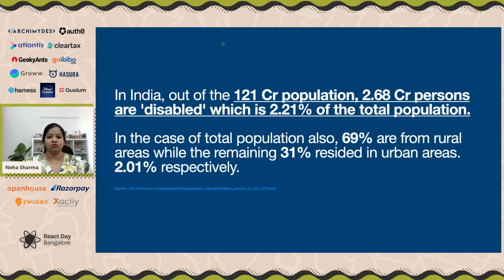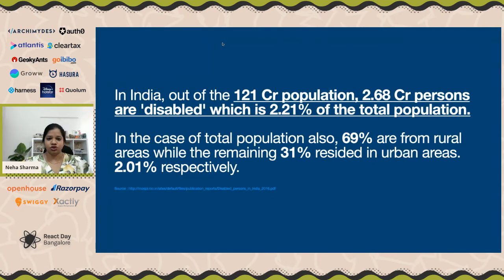As a result, a person won't be able to fill the form, and won't be able to go for higher education. Why? Because the form was not accessible. Why? Because the web creators were not aware of this. So please do not think it's just 2.21%. Please think about the impact you are creating in their life.